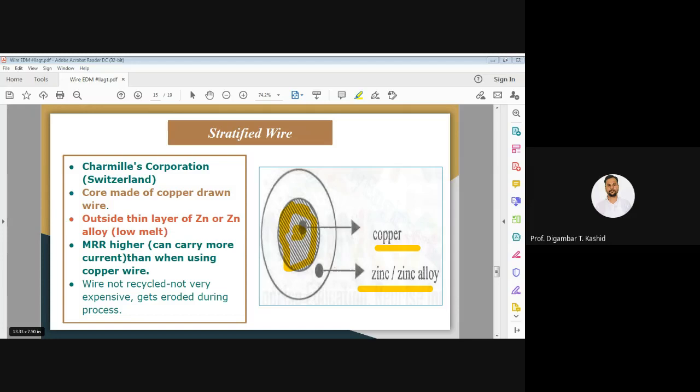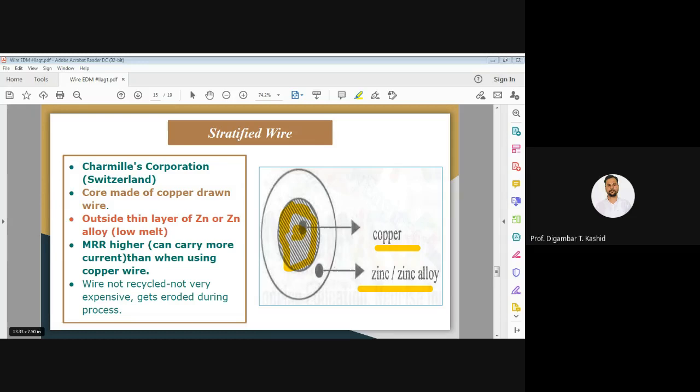Again, material removal rate is related to the current density. As the wire diameter reduces, your current density will also be high, so you can generate high spark energy per spark and your material removal rate will be high, without breakage of your wire.